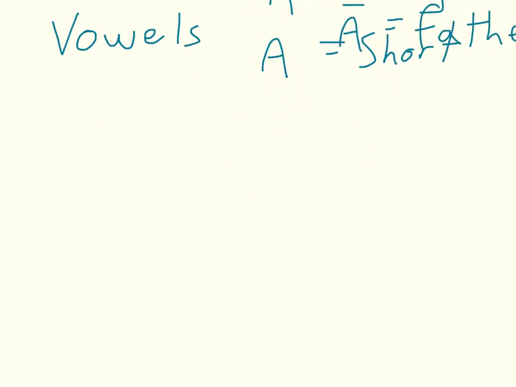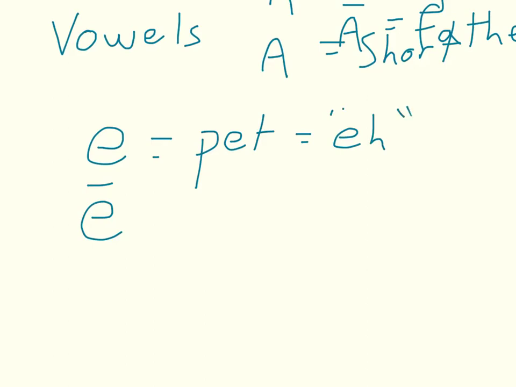Another one is going to be the letter E, which when short is pronounced like the E in pet, and when it's long, it's pronounced like the A in the word date.